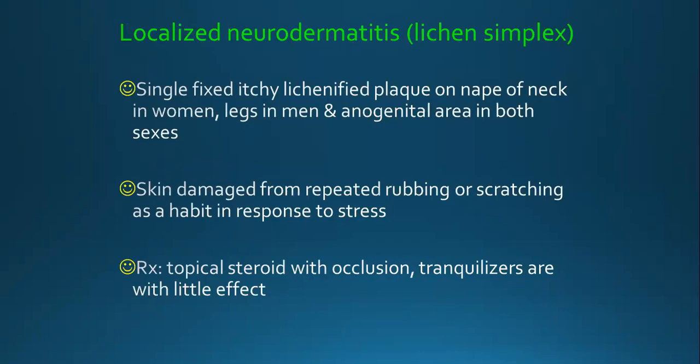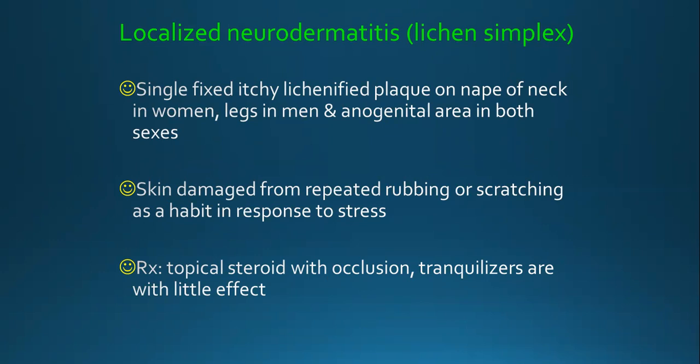Then localized neurodermatitis, which is lichen simplex. A single fixed itchy lichenified plaque on the nape of the neck in women, legs in men, and anogenital area in both sexes. That is the approachable or easily reachable areas. This is basically neurodermatitis because it is more of a psychological issue and the patient gets relieved and enjoys the mild itch that occurs.